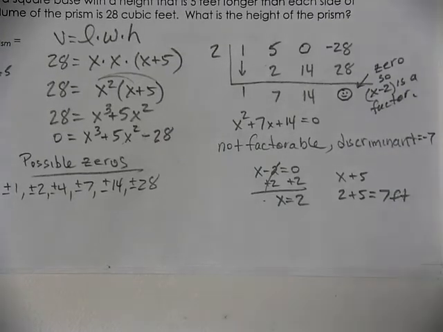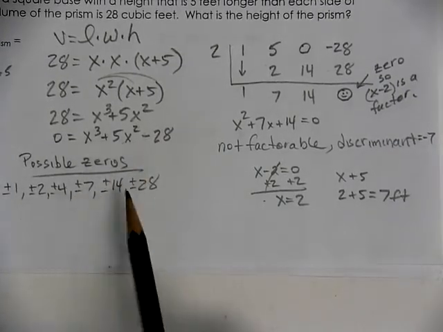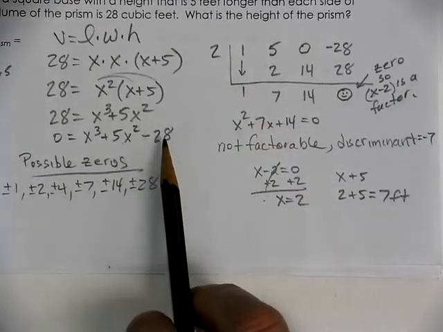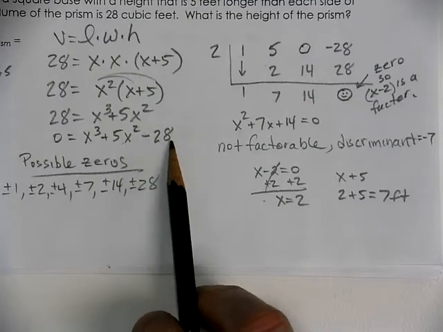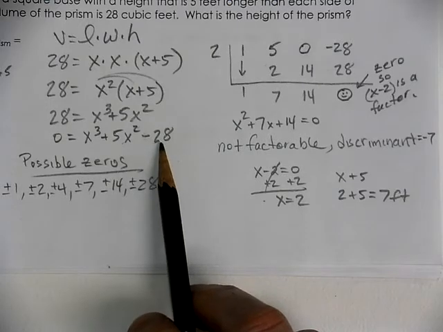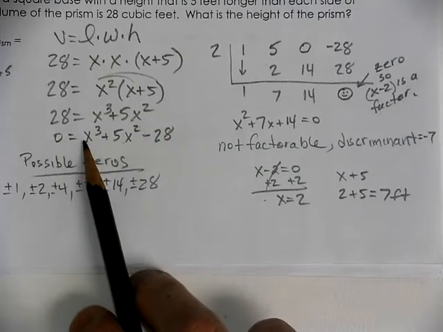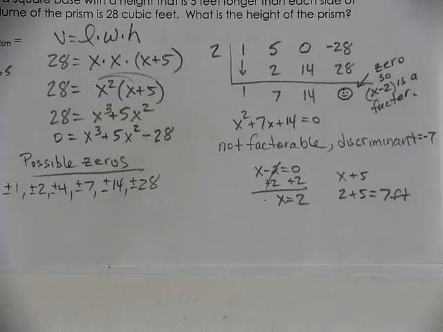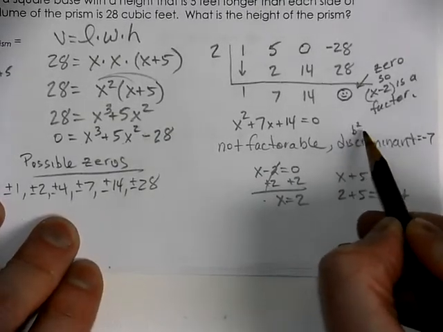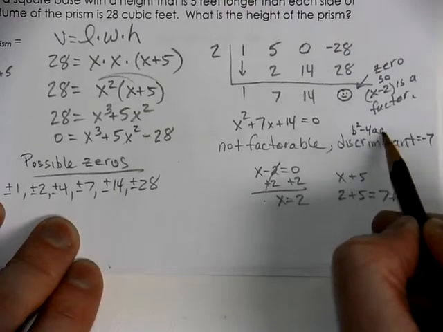So if you can't use factor by grouping, you can factor it apart using synthetic division. You look for your numbers that go into your C value, your last value here. Your constant is the best term to use, divided by your leading coefficient. And that's just 1. So what goes into 28? And that's it. The discriminant, remember, is b squared minus 4ac.